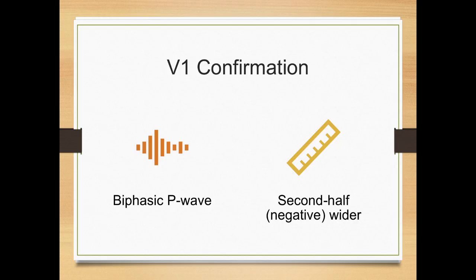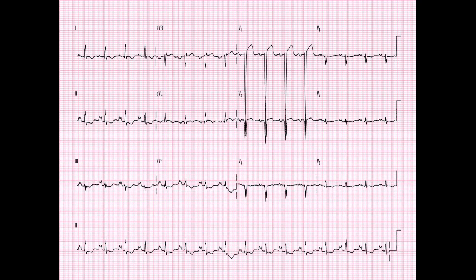So just think the second half of that biphasic P wave in V1 represents the left atrium because the left atrium depolarizes second. So if that second half, that negative half, is wider than the first, that confirms our left atrial enlargement.